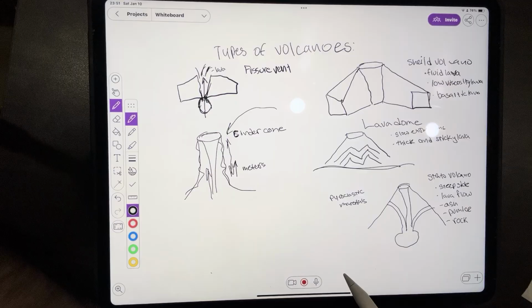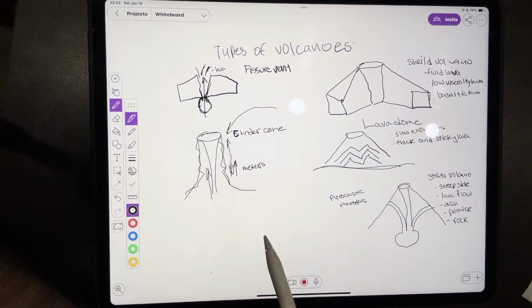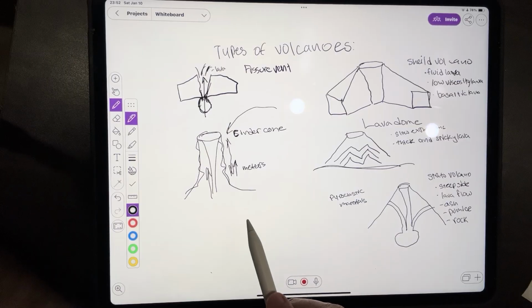Now, there's one more volcano that is formed when lava erupts.